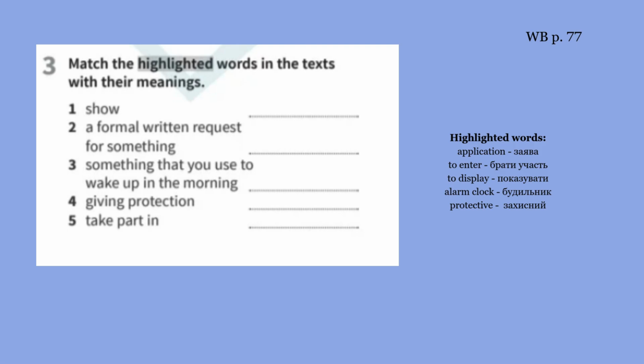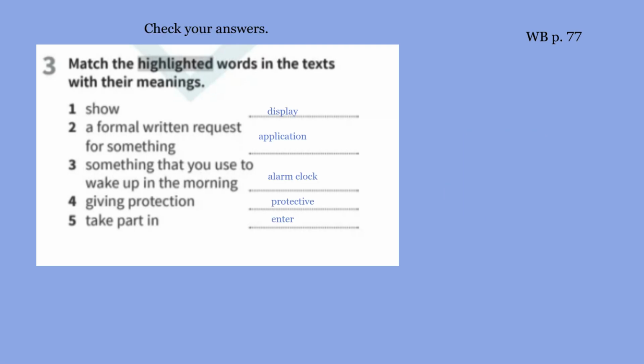Now let's pay attention to the highlighted words in the text above. Let's do exercise 3. Match the highlighted words in the text with their meanings. Pause the video, do the exercise, and check the answers. Let's read the correct answers. 1. Show.